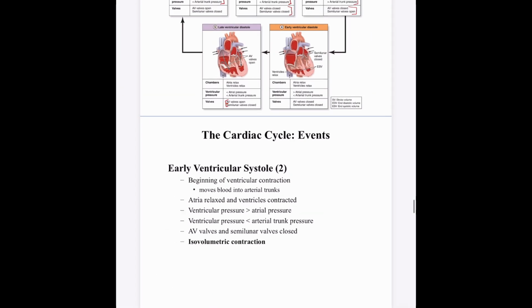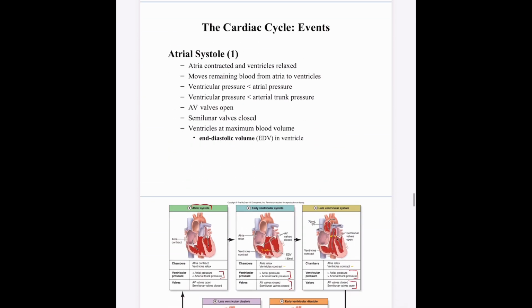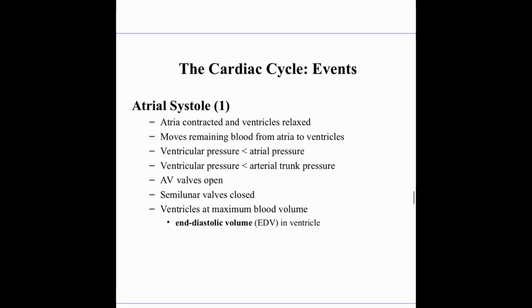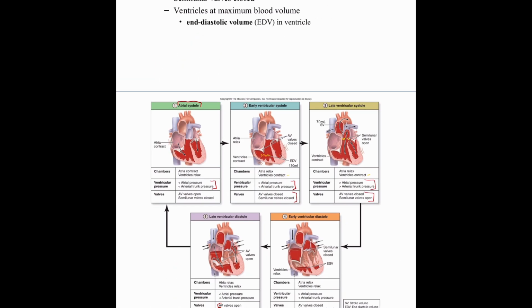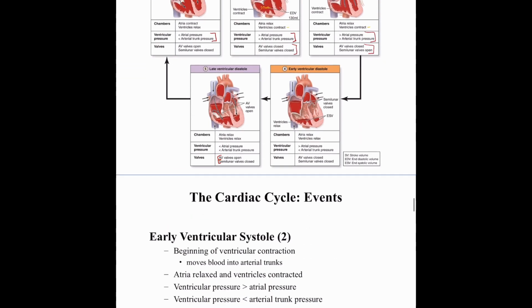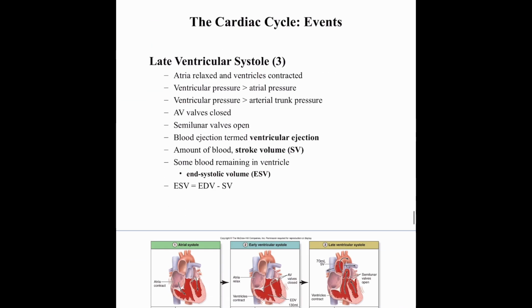So the semilunar valve is closed. So the AV valve opens, and the semilunar valve is closed, right? And here we go back again to atrial systole, where the atria contracts.